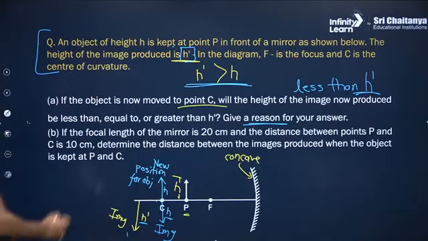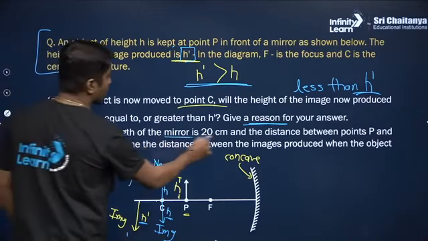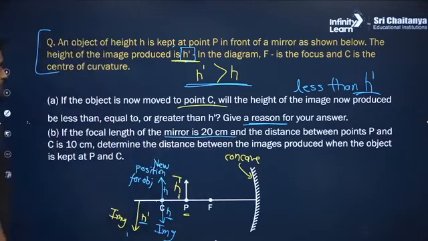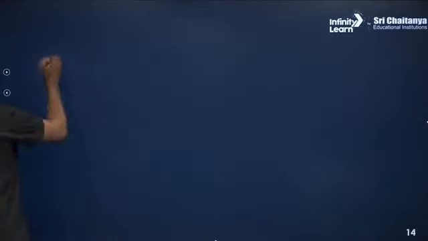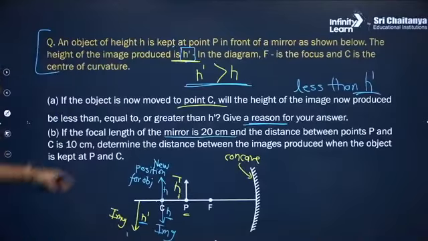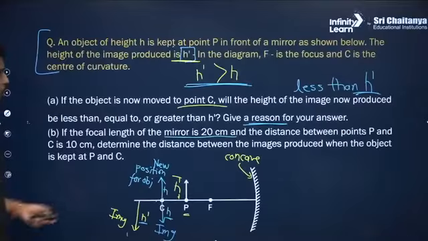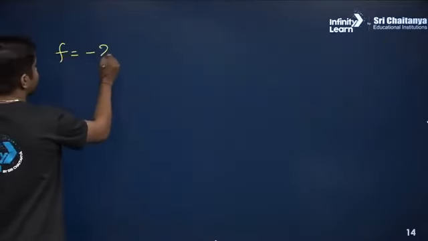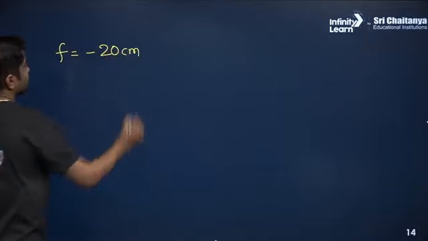Now the next question is, if the focal length of the mirror is 20 centimeter. Let's redraw this. The focal length is given as 20 centimeter. There is a concave mirror, so the focal length is going to be minus 20 centimeter.